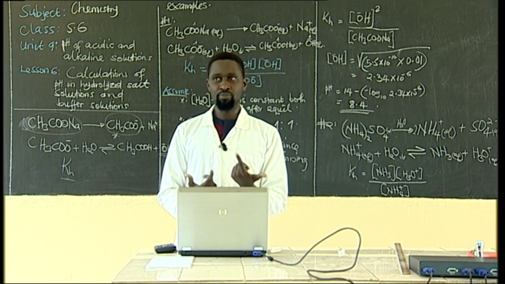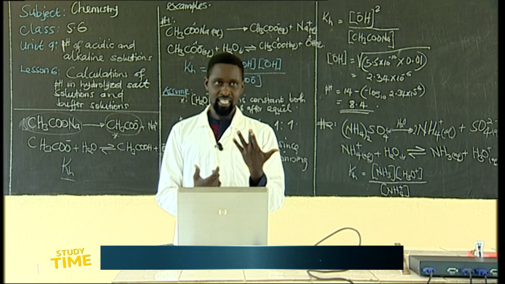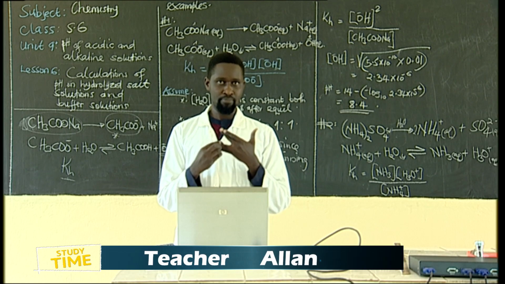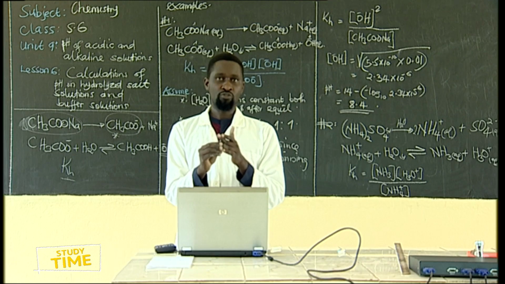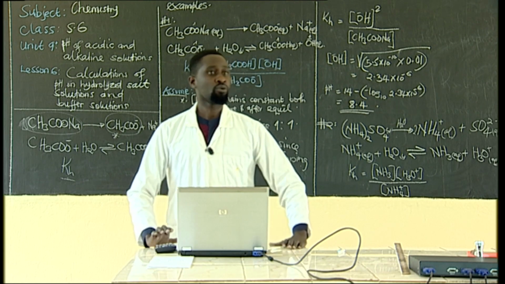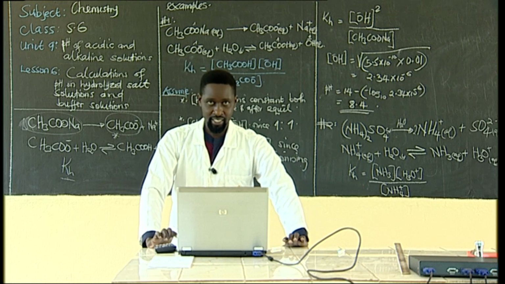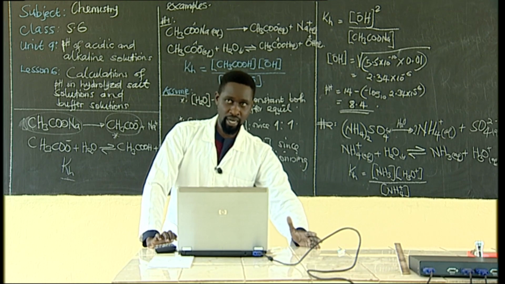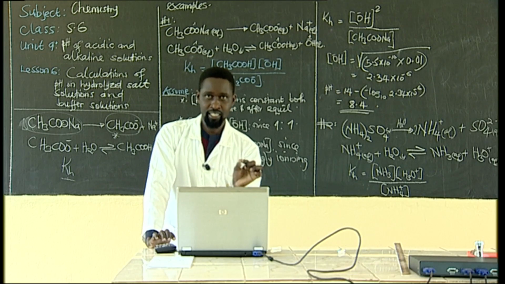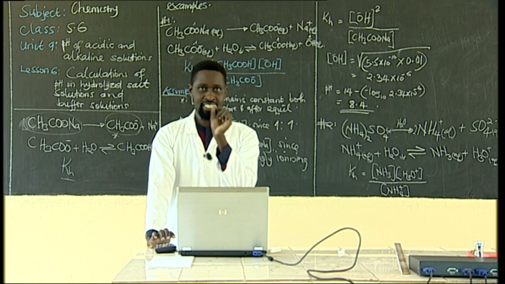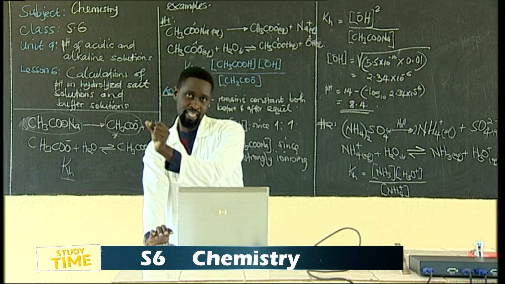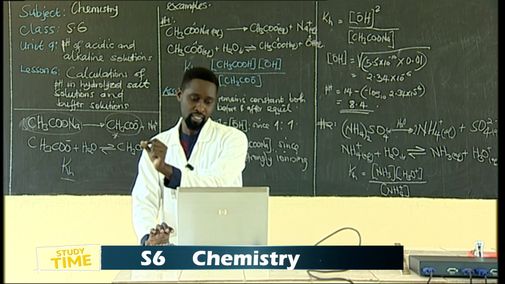An acidic buffer is made up of a weak acid and its conjugate base. What do I mean when I say conjugate base? The salt from a strong base. For instance, you have ethanoic acid with sodium ethanoate. Ethanoic acid is a weak acid. Sodium ethanoate is the salt of the weak acid, but from a strong base, sodium hydroxide.